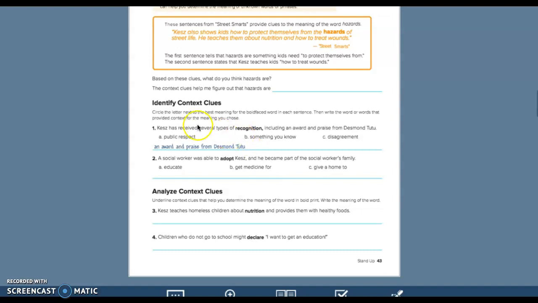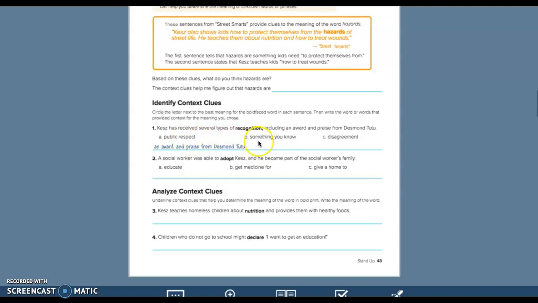Okay. Circle the letter next to the best meaning for the bold-faced word in each sentence. Then write the word or words that provided context for the meaning you chose. Kez has received several types of recognition. Okay, it's bolded recognition. So we're trying to figure out what recognition might mean, including an award and praise from Desmond Tutu. Okay, do you think it's public respect?